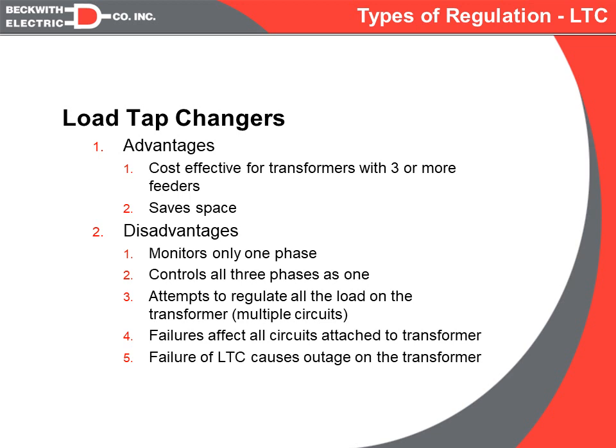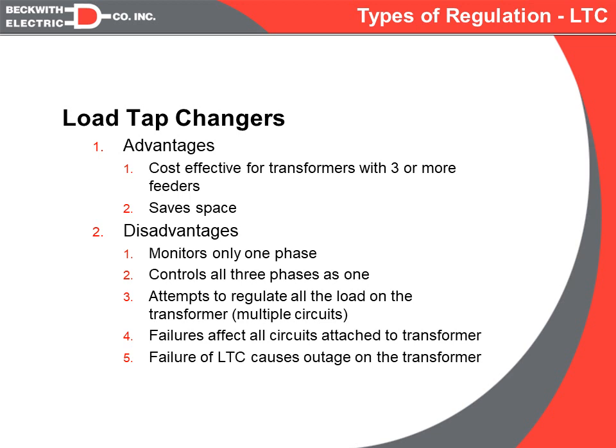A final disadvantage is a LTC is regulating multiple feeder breakers and multiple feeder circuits. Each of these circuits will have different line lengths, different loading, different impedances, and therefore different voltage drops.